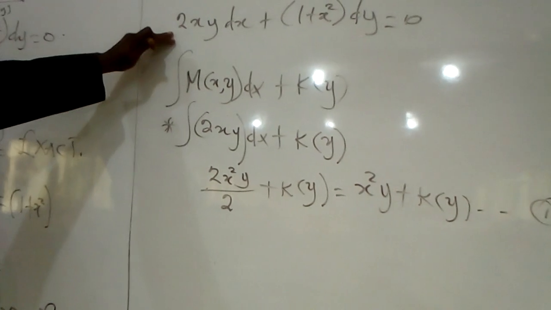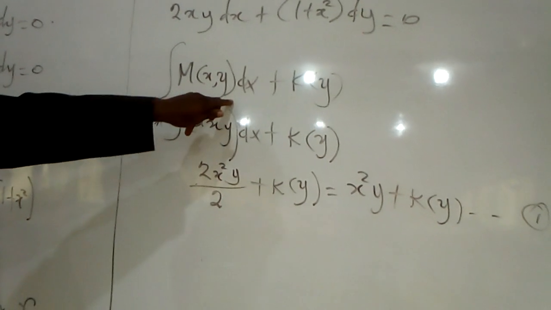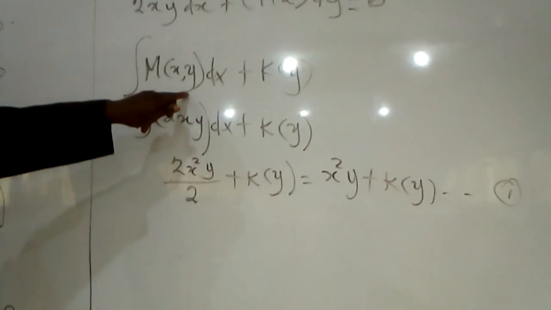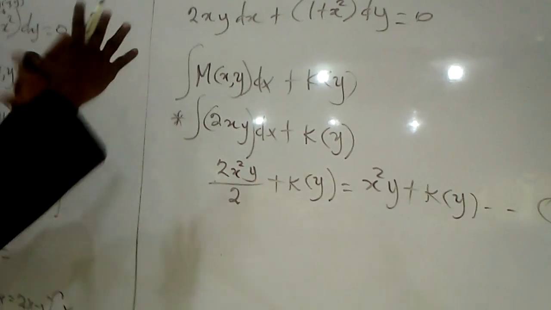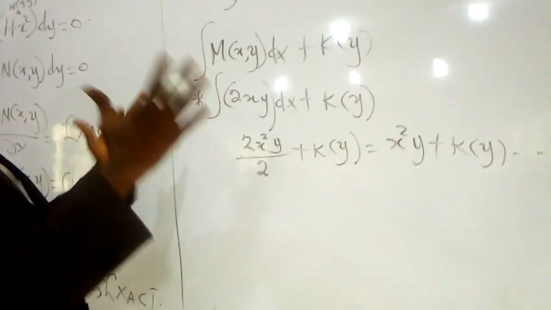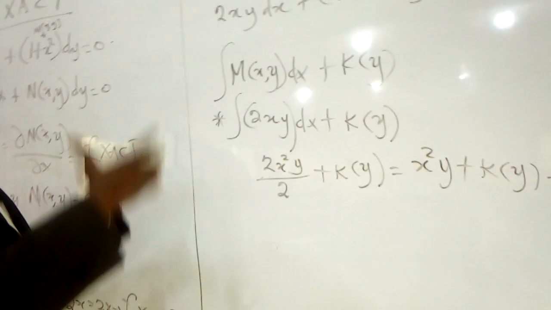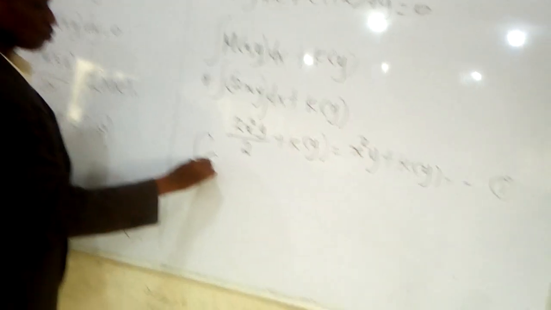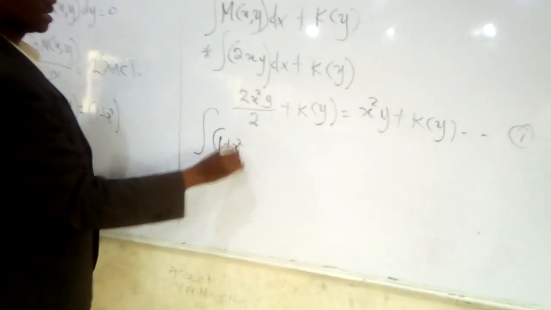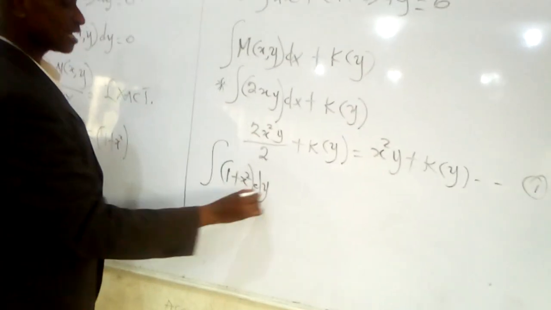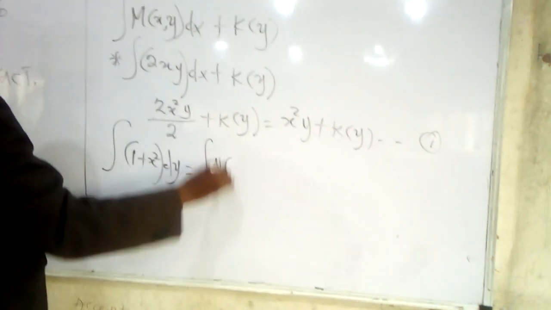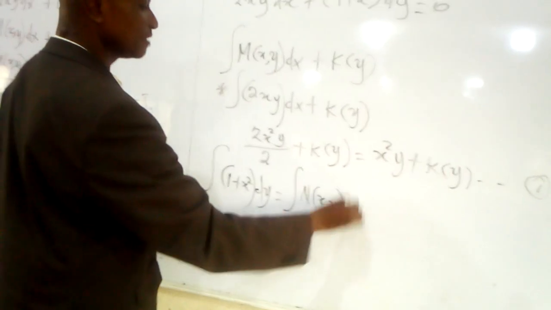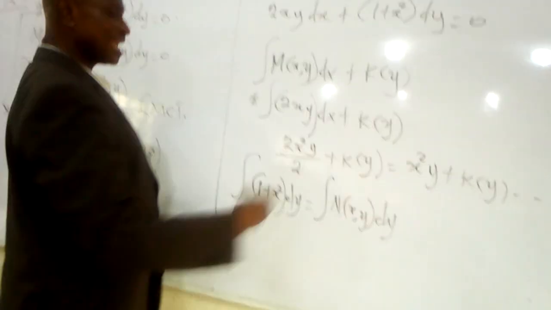We have just dealt with M(x, y). M(x, y) simply implies a partial expression that recognizes many variables; this is connected to functions of two variables or functions of many variables. We now go to the next part, which is the integral of (1 plus x squared) dy, that is, the integral of N(x, y) dy.